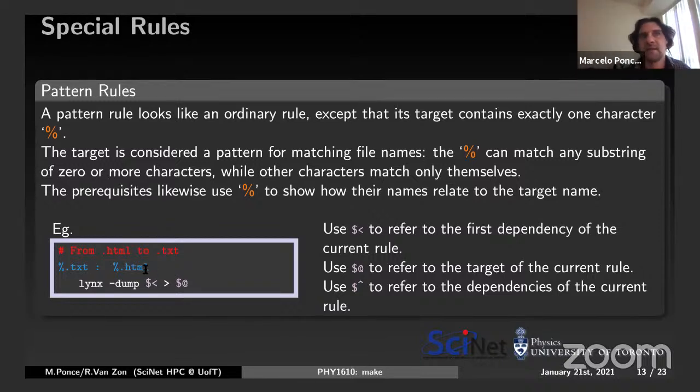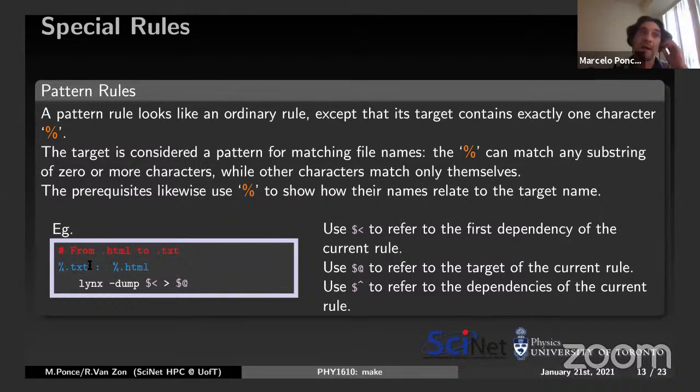In this case, this makefile gives exactly the same result as the previous makefile, but here we are using the percentage symbol to indicate any file containing this name. You can see now that our rule is not written in a from-to way, but as a typical rule with a dependency.